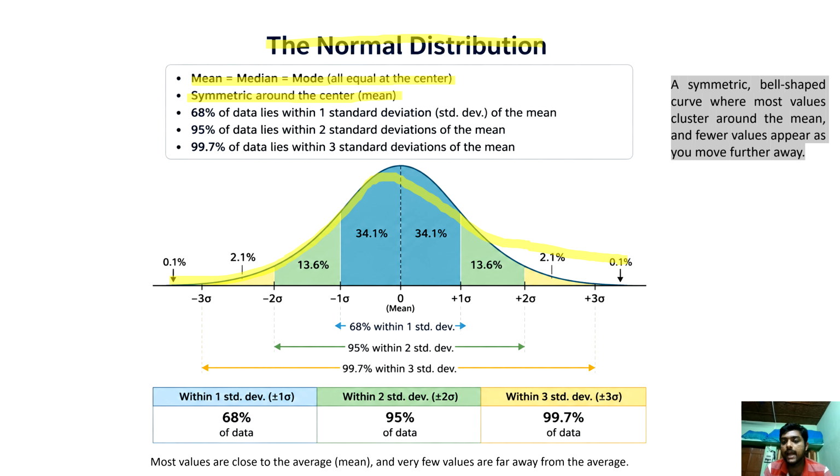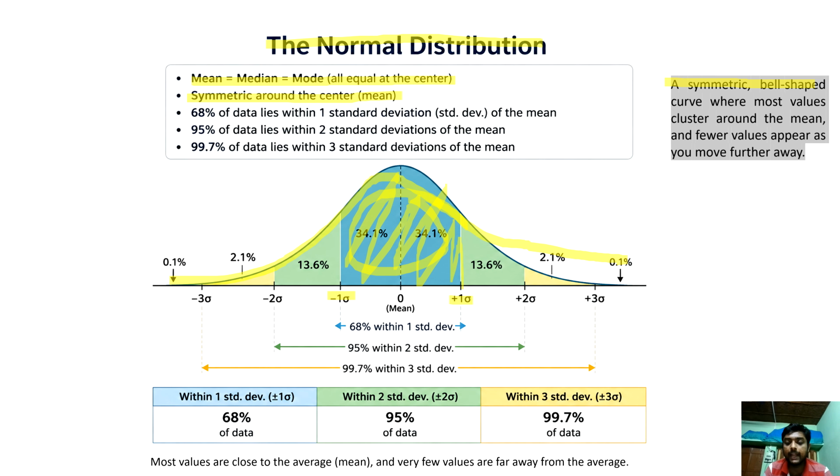By definition, a symmetric bell-shaped curve where most values cluster around the mean and fewer values appear as you move further away. So 68% of the data lies within mean minus 1 sigma to mean plus 1 sigma, in this area.